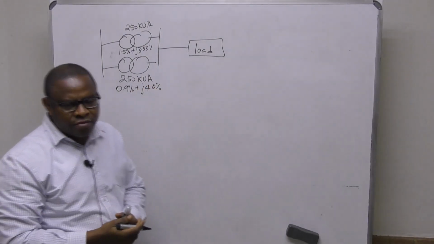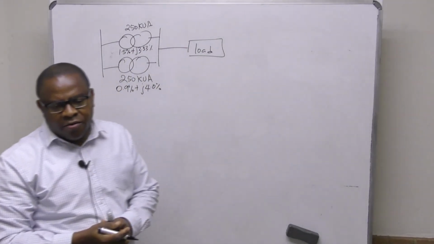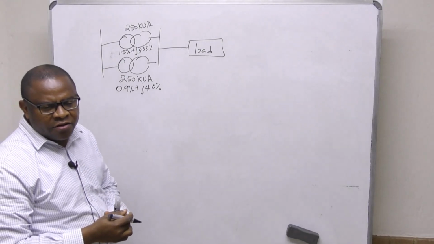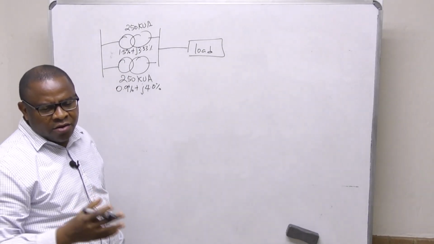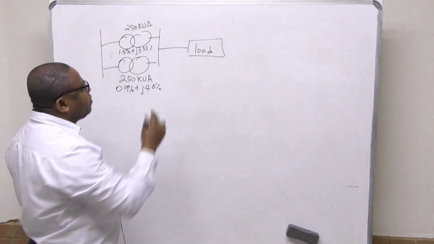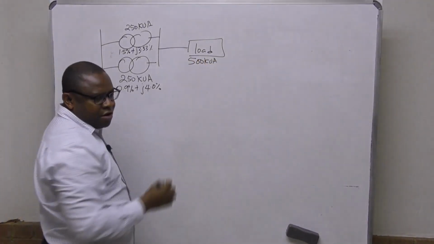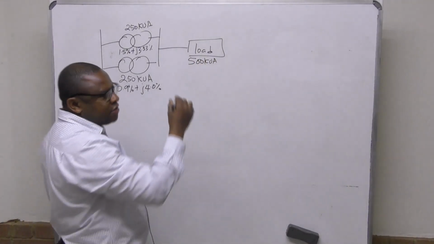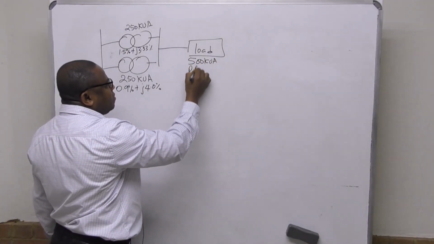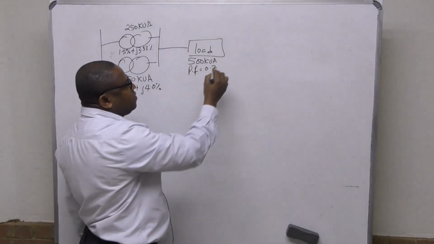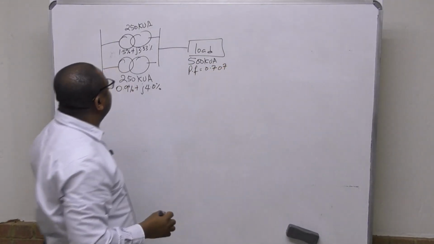Okay. Now, we are also calculating the kVA loading of each transformer and its power factor when the load on the transformer is 500 kVA. So this load is 500 kVA at a power factor of 0.707. Okay.